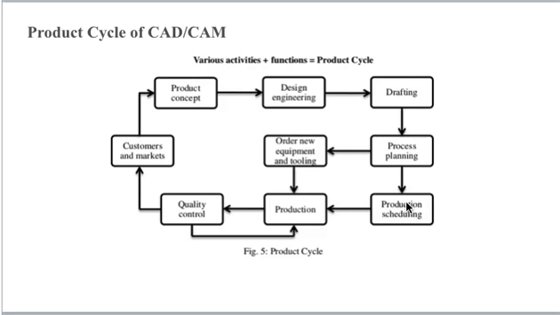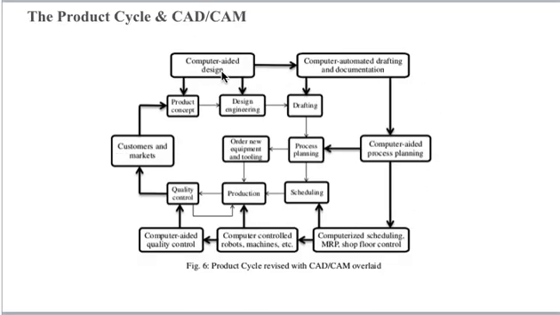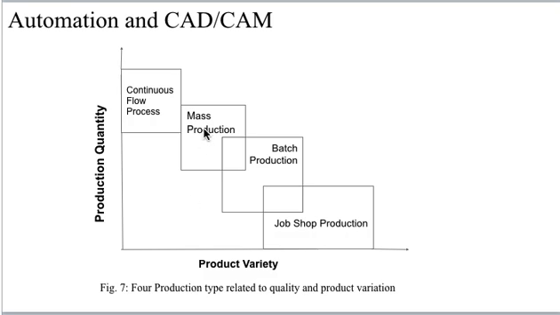Here we added a computer for designing, automated drafting also from the computer, and process planning and scheduling with the help of computers. Production is also computer controlled, for example with robots, machines, etc. And this is the revised product cycle. Now we'll see automation and CAD CAM.